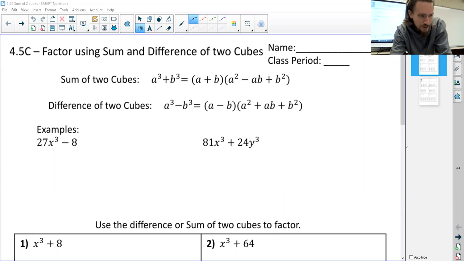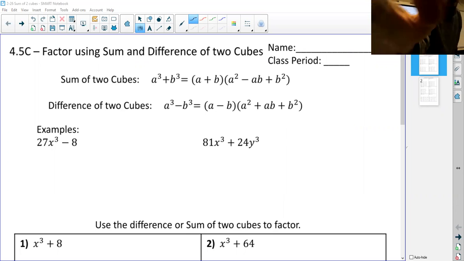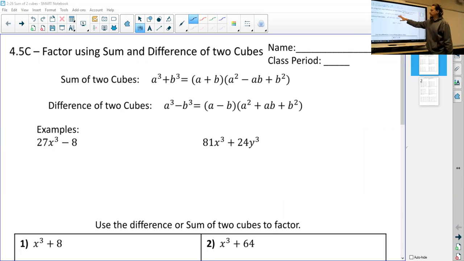Yeah, we're good. Okay. So doing sum and difference of two cubes, which at first looks like it might be kind of confusing when you look at the actual formulas themselves, but I promise you it's not that bad. I would write these two formulas down. Sum of two cubes, a cubed plus b cubed equals a plus b times a squared minus ab plus b squared.